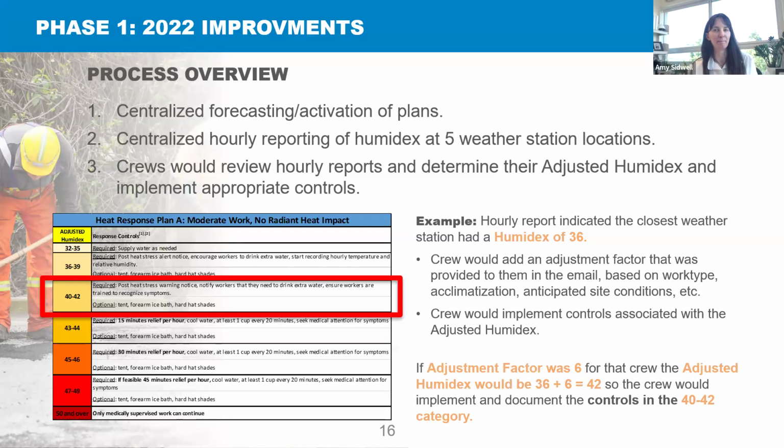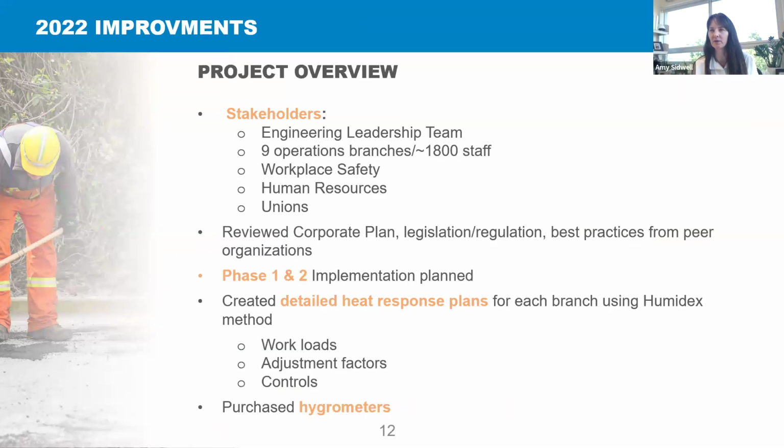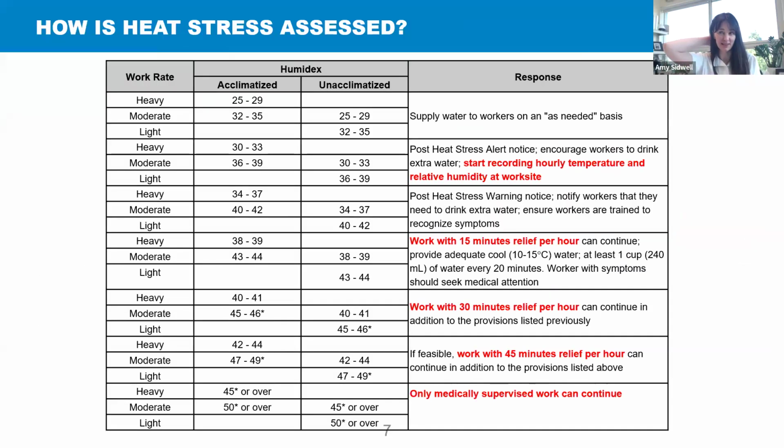I'll just show the slide before. This is in the link that I can show you with the regulations. If it's 45 or over and you're acclimatized, you have only medically supervised work. If it's 50 or over and you're doing moderate work, medically supervised work.